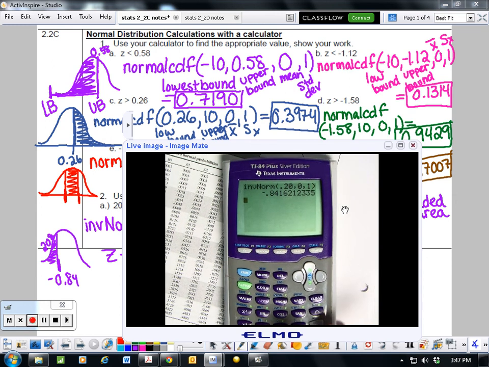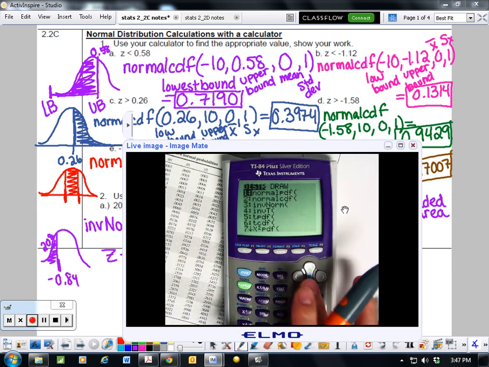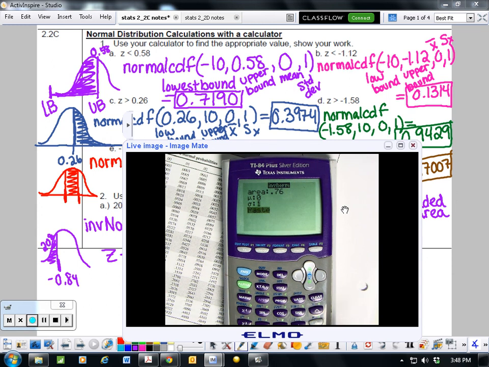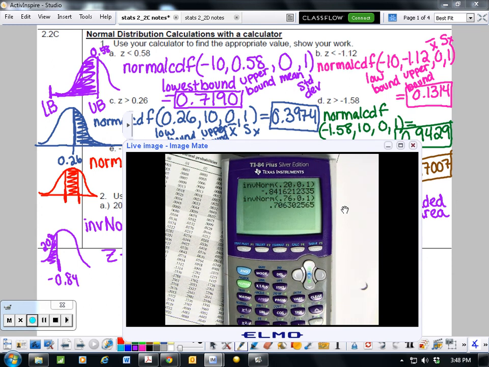So now I'm going to do second distribution, go down to inverse norm, and now I want the 76th percentile, so 0.76 below the curve, and it tells me that z-score.